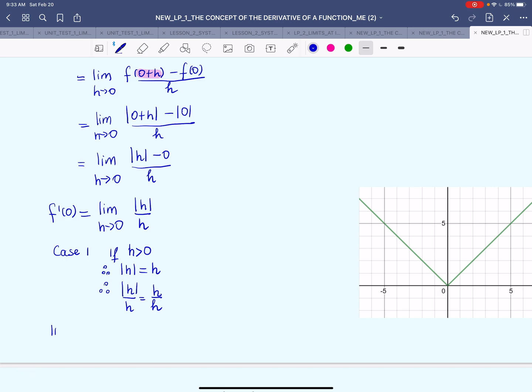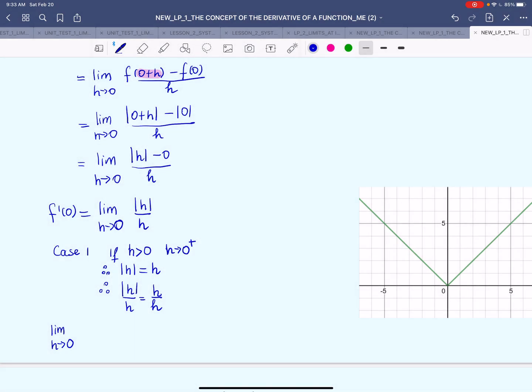So that means that the limit as h approaches 0, now another detail we need to add in here is if h is positive, that means we can only approach 0 from the right-hand side, because we are approaching 0 to find the limit, right?